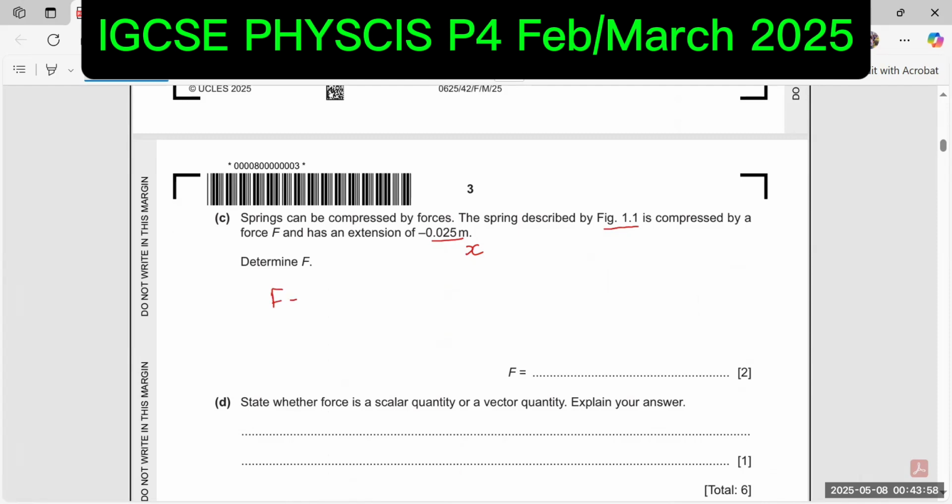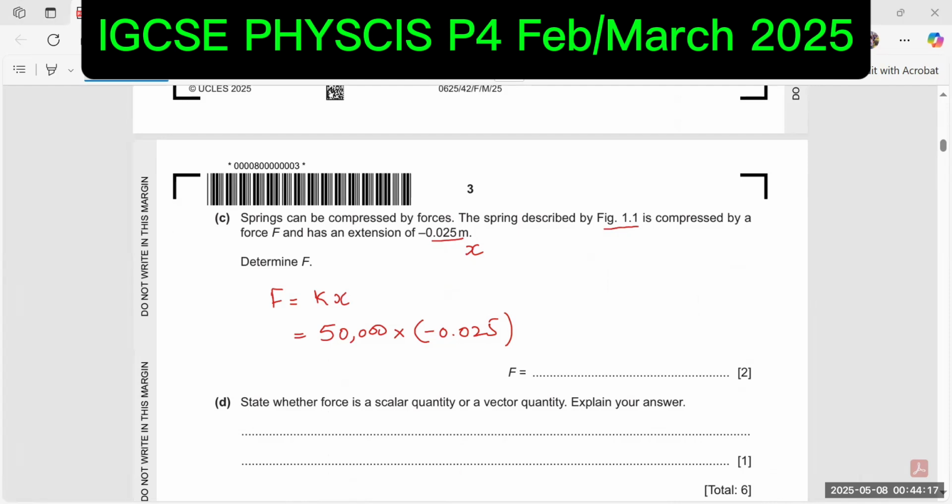F is equal to kx. k is 50,000 multiplied by the extension, which is negative because the spring is compressed. So we'll get the force, and because force is a vector quantity, we have to put a minus sign with it, with the unit Newton.